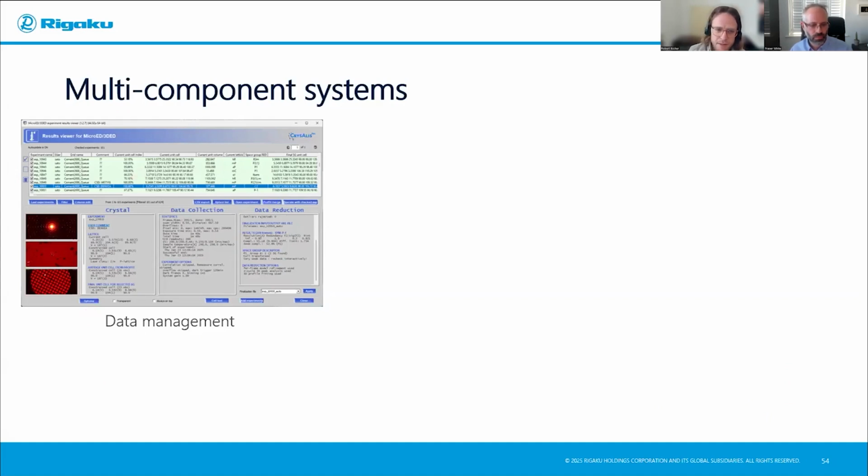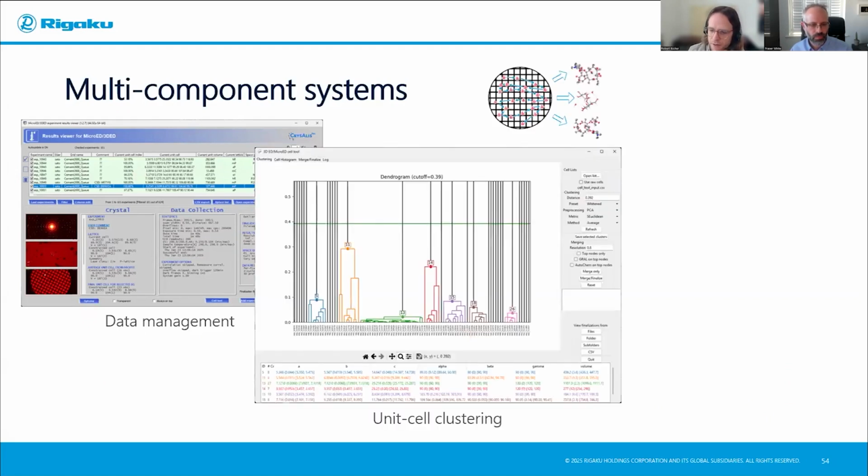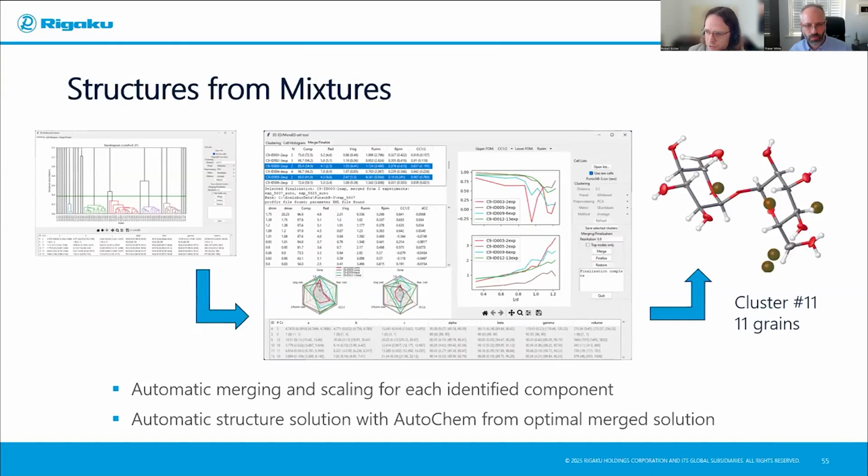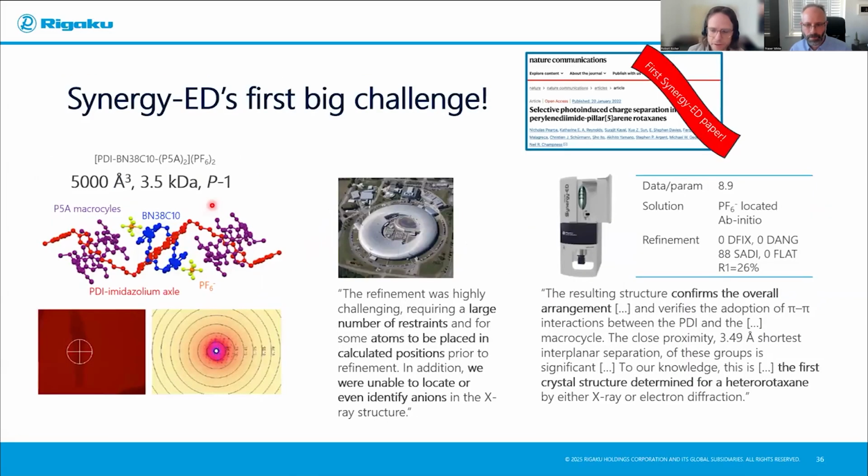You can even apply some sort of clustering if you had mixtures, and then merge together these different data sets that all belong to the same compound and solve the structure from these merged data sets. With this, we can even quite easily solve triclinic structures. For example, this monster here is triclinic, and also some of the natural products we've looked at. It's not a significant problem.